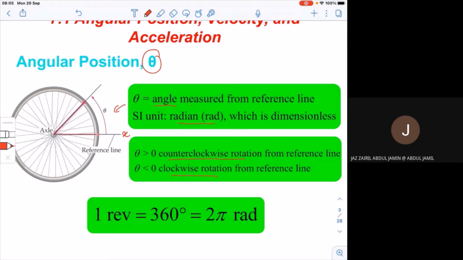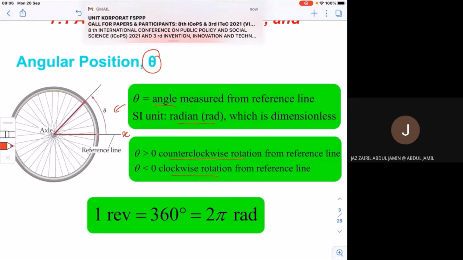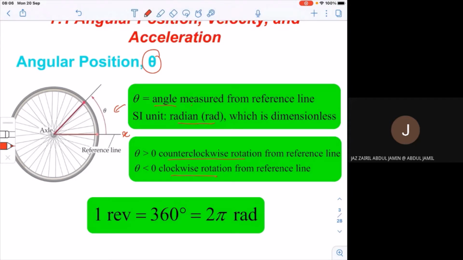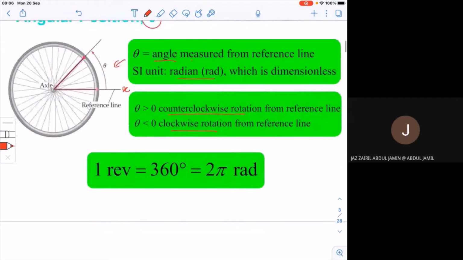So positive is counterclockwise and negative is clockwise from the reference line. So our reference line is an imaginary line such as the positive x-axis.